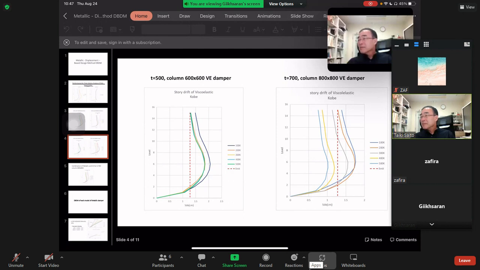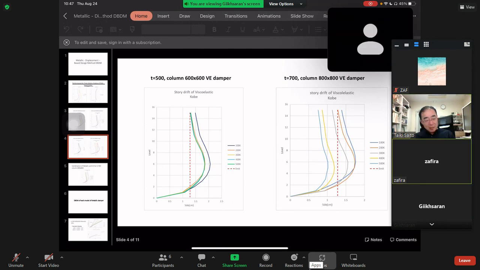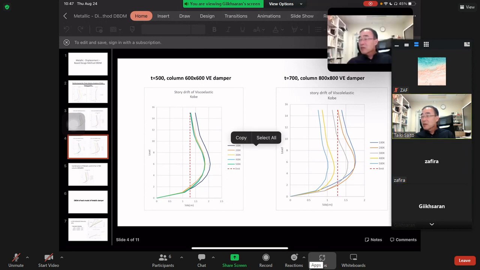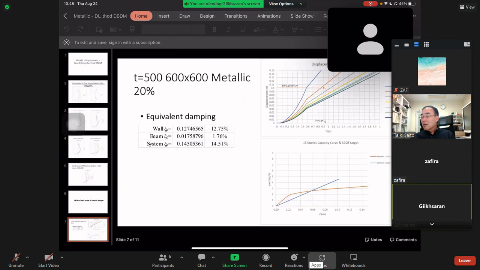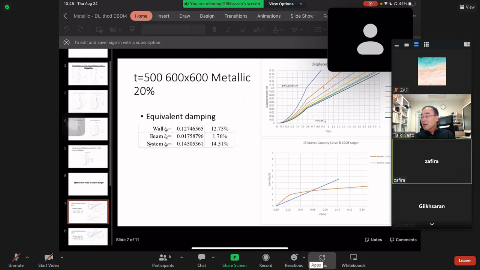So Sarah, can you open the coefficient damping for the wall? There's a slide showing the coefficient of damping. Can you go to slide number 7? Yes, this is for 500 thickness, right?